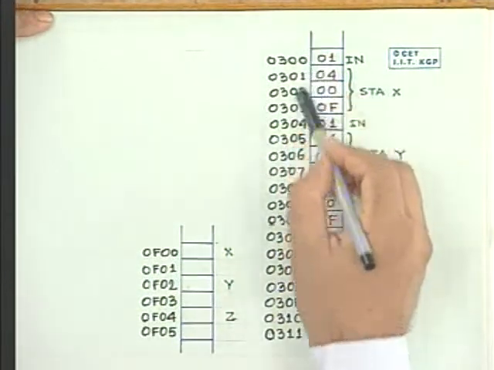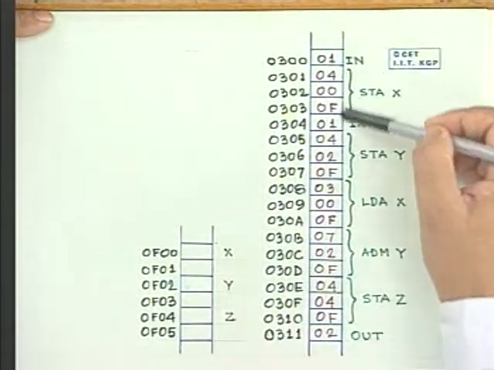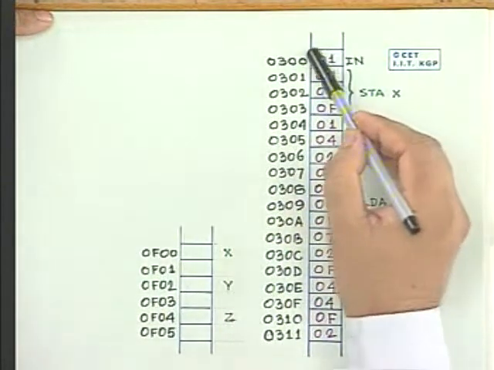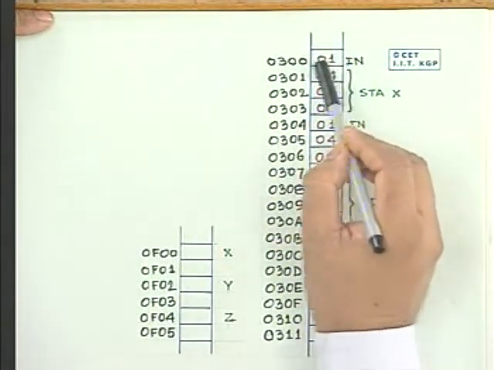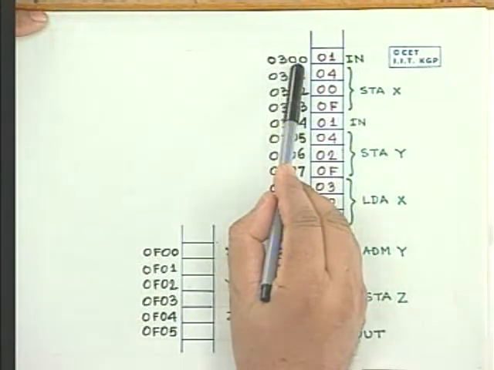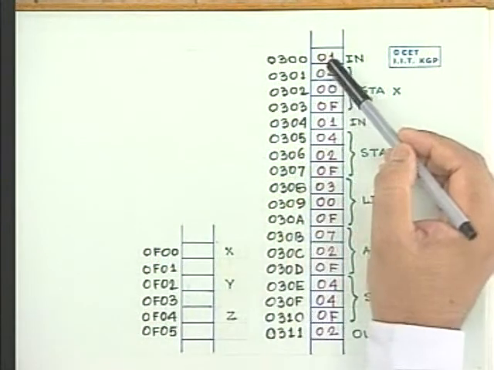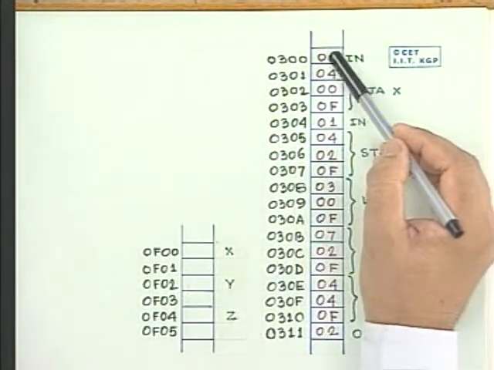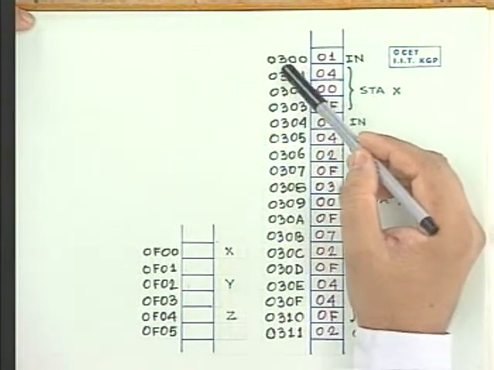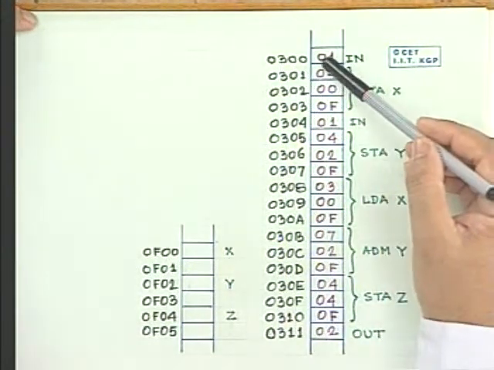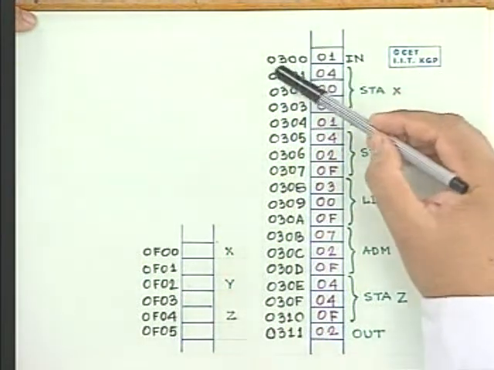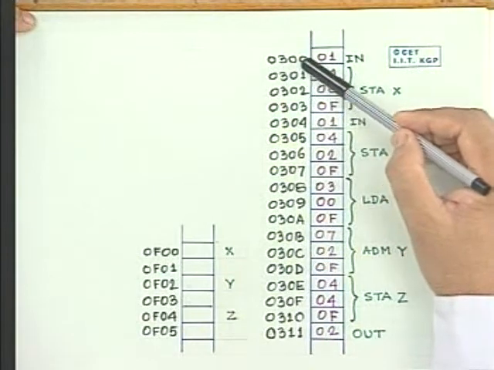I have shown it as if it is the memory, where each memory location consists of 1 byte. The black figures give the address of that memory location, and the pink gives the content of that memory location. Here I have assumed that my program has been loaded from the hexadecimal location 0300.